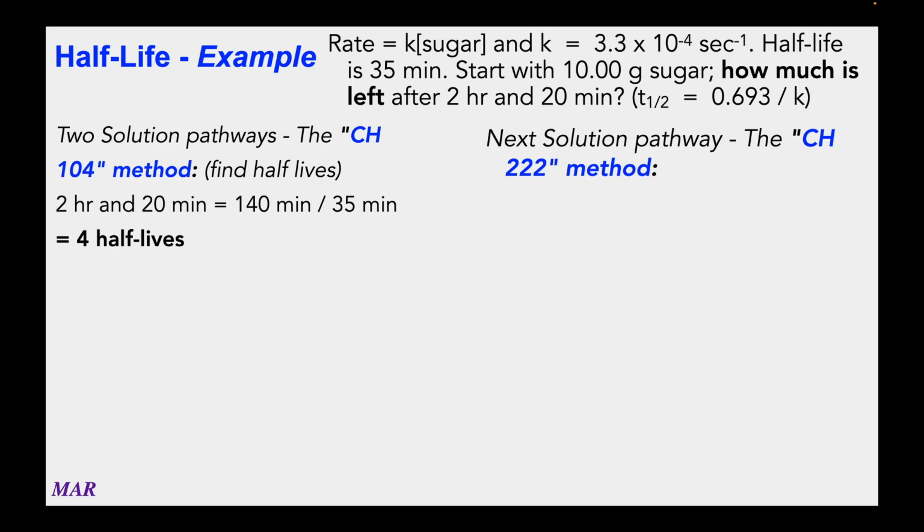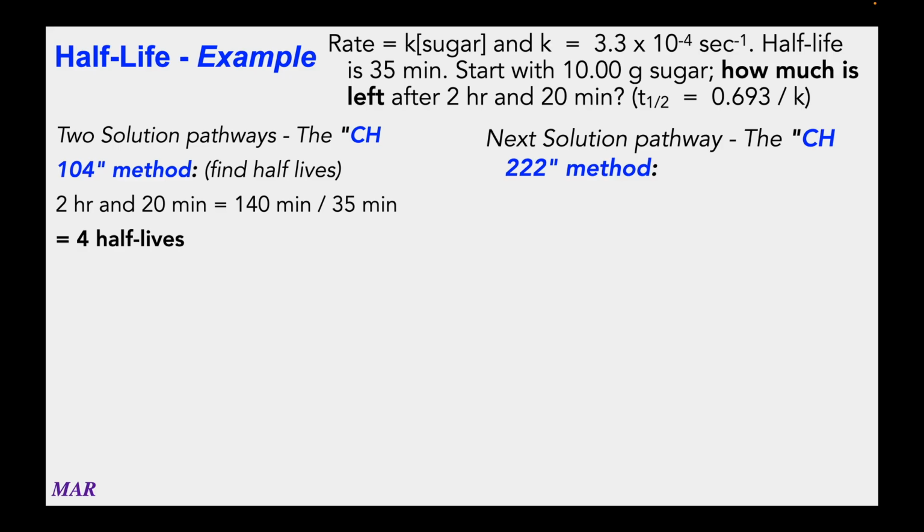Now, in Chem 104 and the lower chemistry classes, how we would answer that is we'd figure out how many half-lives elapsed in 2 hours and 20 minutes. Because an hour is 60 minutes, 2 hours would be 120 minutes plus 20 minutes, 140 minutes total. And the half-life, as we saw in the last problem, is 35 minutes.